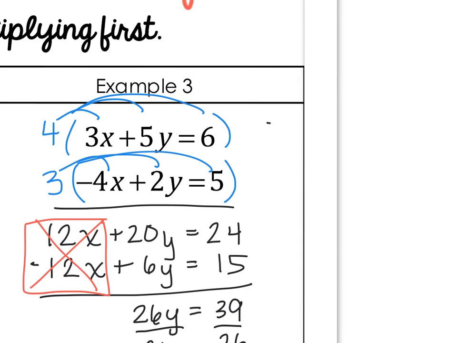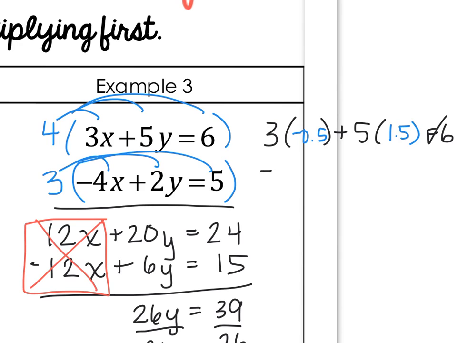And again, when you substitute those back in, go back to the original problems, these right here. So I'm going to do 3 times x, which is negative 0.5, plus 5 times y, which is 1.5, equals 6. And ordinarily I would just do these in my head, but I am going to use a calculator, and I see that it checks out. 6 equals 6.